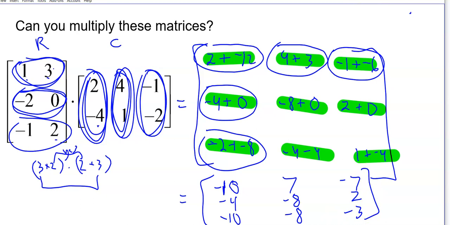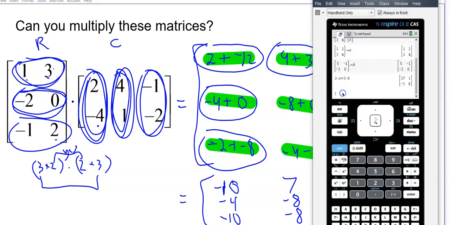I'm just going to type this in the calculator to double check that we did everything right. So you're going to do a 3 by 2: 1, 3, -2, 0, and -1, 2, times a 2 by 3: 2, 4, -1, -4, 1, -2.